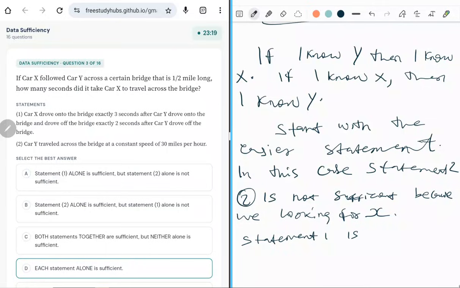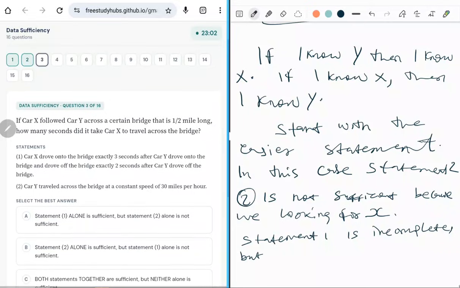I feel like the second one has nothing to do with it. It's not even helping us. Can you scroll up, please?